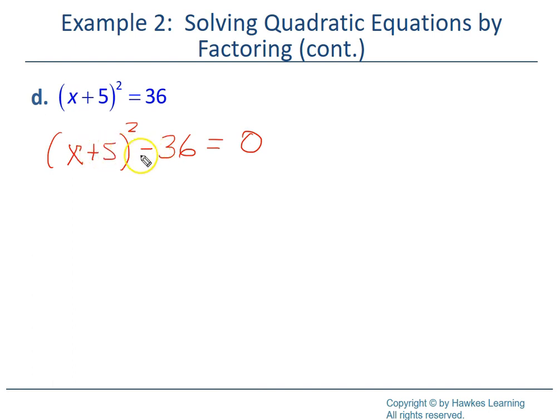Well, we had one like this as our special products, because this is like a squared minus b squared, where we're going to factor these into their conjugates.